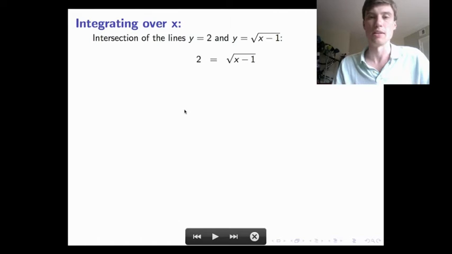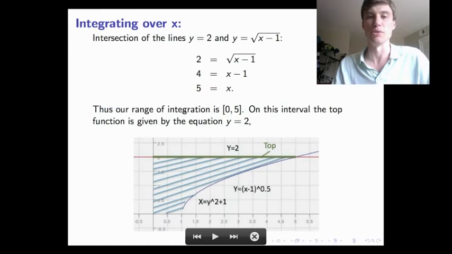We can equate them, square both sides, add 1 to both sides, and find out that these two lines intersect at a value of x equals 5. Thus our range of integration will be from 0 to 5. Our next step will be to find the top function and the bottom function.